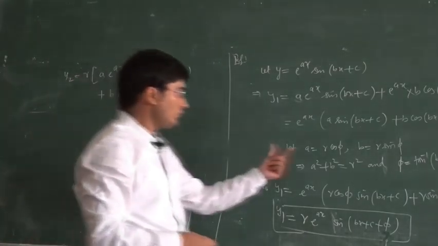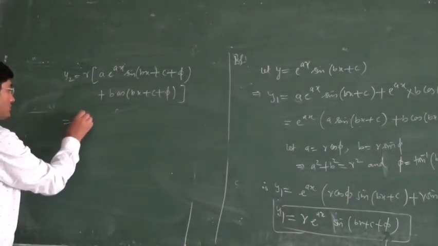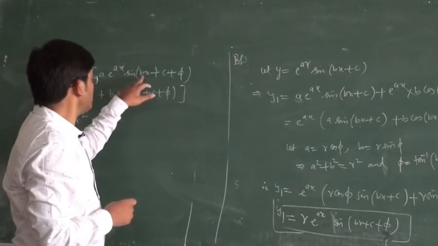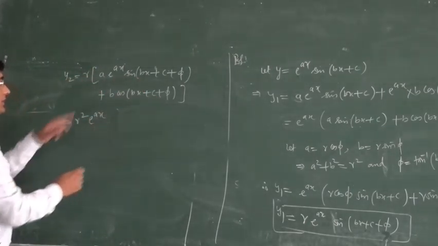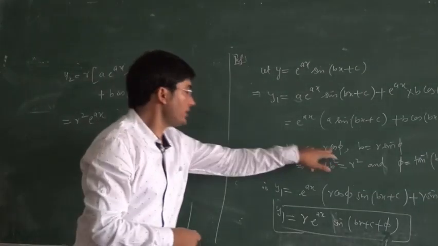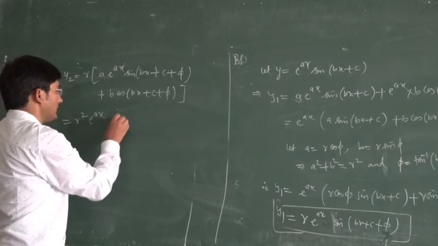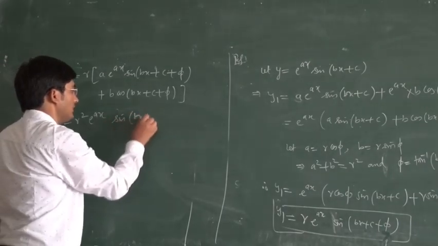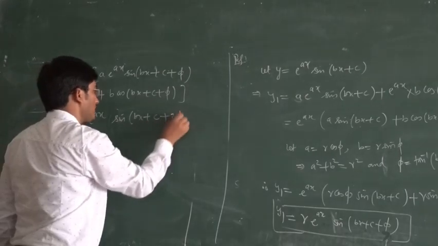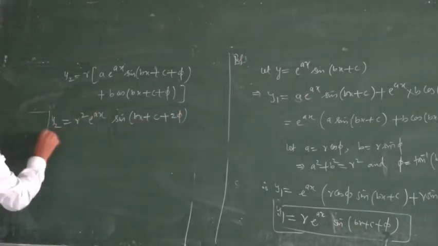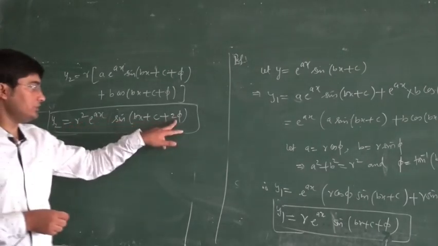Again, assuming these two values for a and b, we have r square outside. Then in the bracket we can take e to power ax common, and we will have sin a into cos b plus cos a into sin b. So we will get sin a plus b, that is bx plus c plus phi plus phi, that is 2 phi. So after two time differentiation, we are getting r square and then 2 phi here.